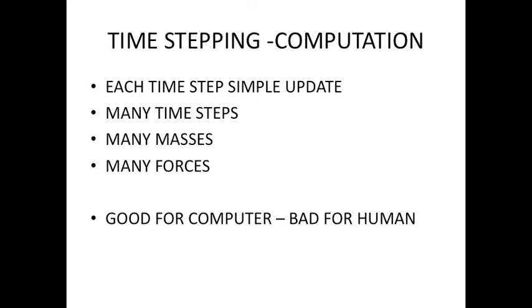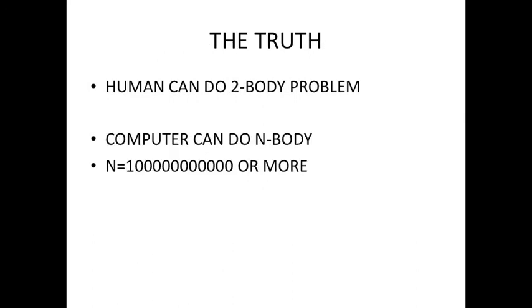Each time step is a simple update from addition and multiplication of numbers. There are many time steps and many bodies and many forces. It's good for a computer, bad for a human being. A human can do only the two-body problem. The computer, a big one, can do the n-body problem, with n trillion or more.